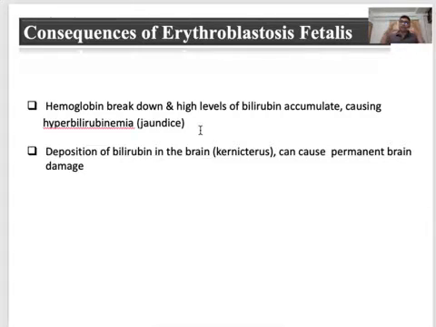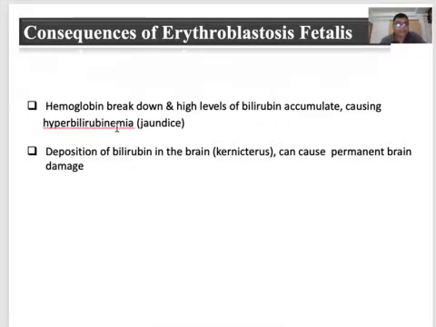The hemoglobin gets lysed, bilirubin is produced from this lysed hemoglobin, and it accumulates in the circulatory system and in the body. Jaundice means the presence of a high amount of bilirubin in the body.